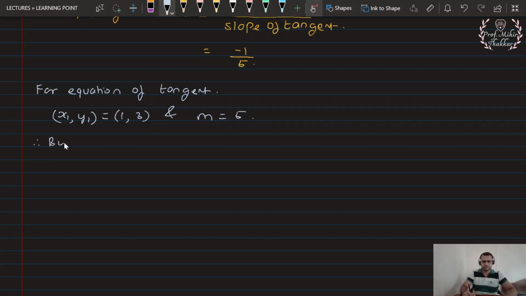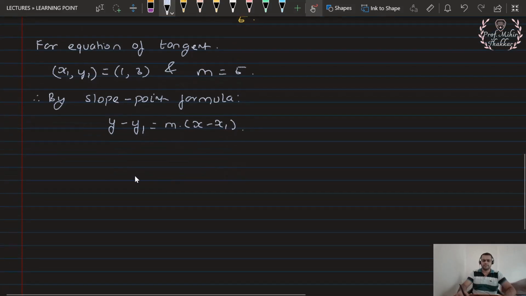Therefore, by slope point formula, y minus y1 is equal to m into x minus x1.